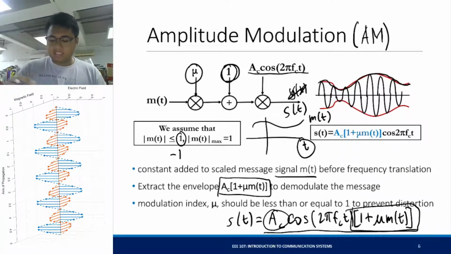Right? It seems like the message is riding your carrier wave. So basically, in a sense, the definition of carrier is shown here. The carrier carries the message all over so that you can pass it through the channel.